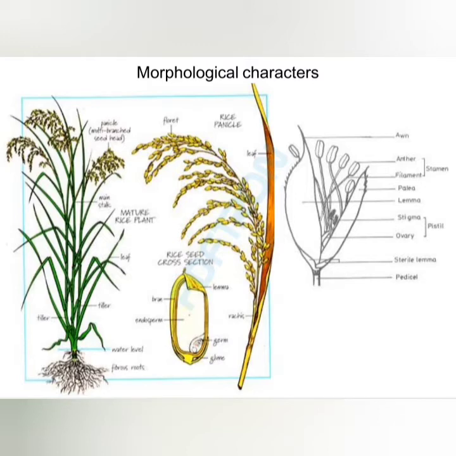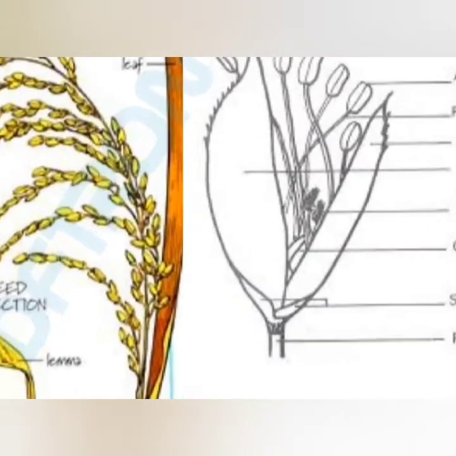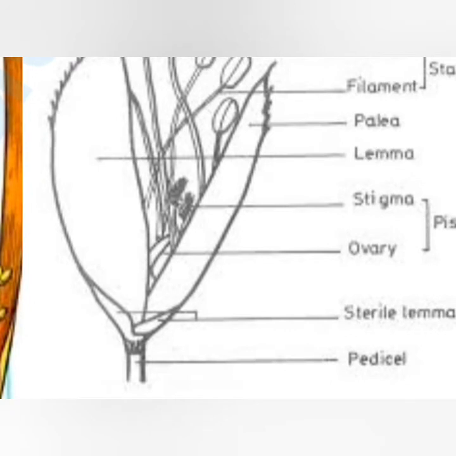And the inflorescence, you can see in the figure at the side. The inflorescence is loose, that is lax, meaning it is open. The rachis, that is the stalk, is more or less robust, strong and hard.